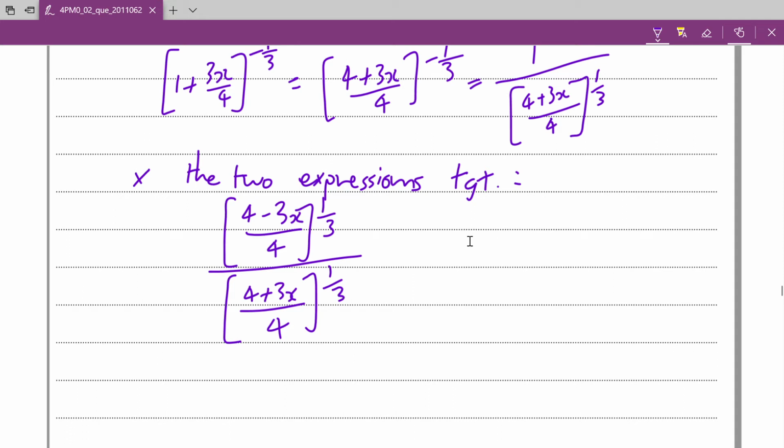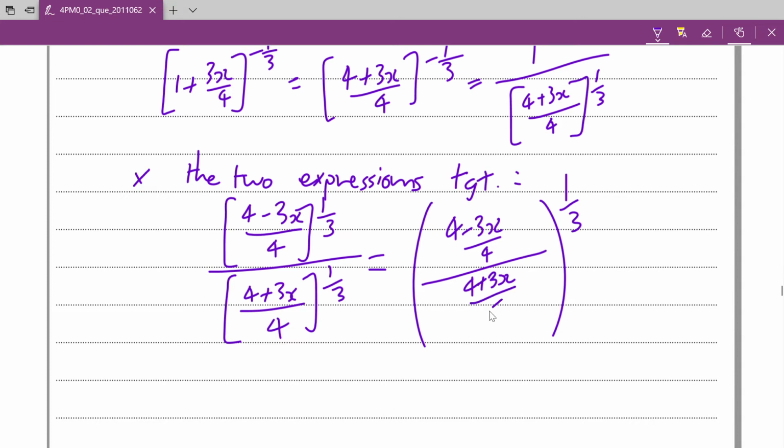Anyway, you may remember this from your indices properties from chapter 1 of Pure, that this is equivalent to the entire fraction being to the power of 1/3 of (4 minus 3x over 4) divided by (4 plus 3x over 4). And these divided by 4's cancel out. If you have the same denominator, they cancel out. And if you have the same numerator, they cancel out. So you can cancel out between this one and this one, and between this one and this one. That's what happens when you have a fraction divided by another fraction.